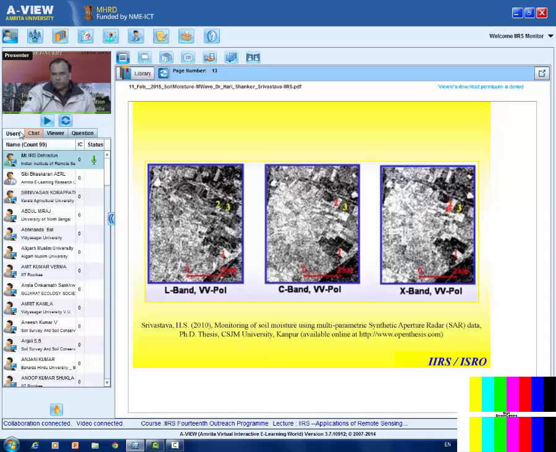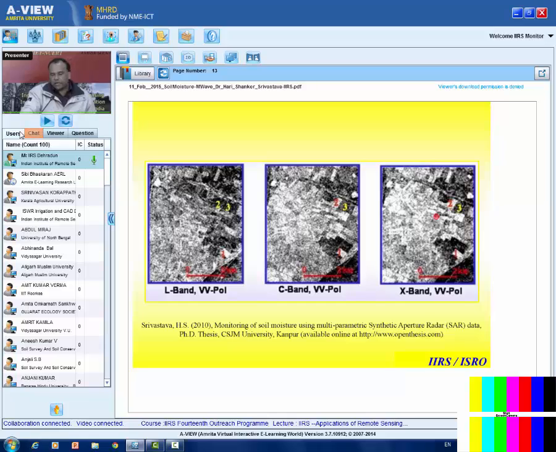Now coming to field number 2, it appears bright on X band and C band, and it is producing low backscatter on L band. Now if a dry field is producing high backscatter on X band and C band, and on L band it is producing low backscatter, it means this field is medium rough.